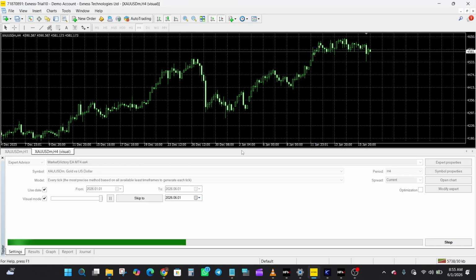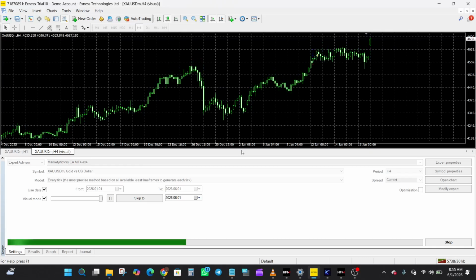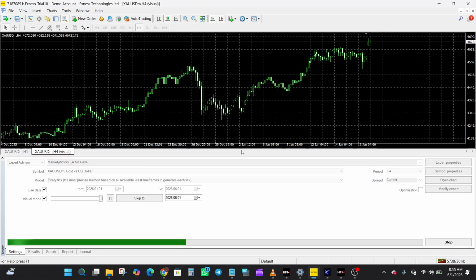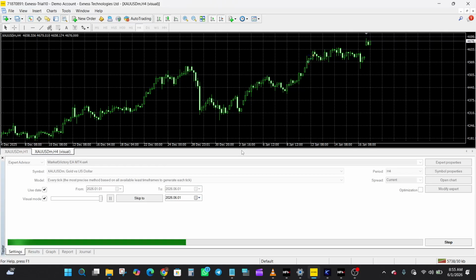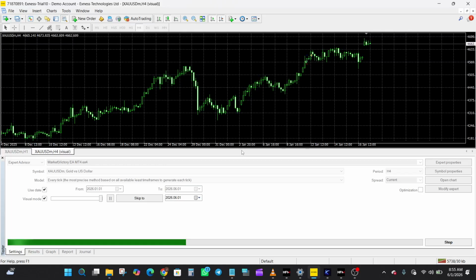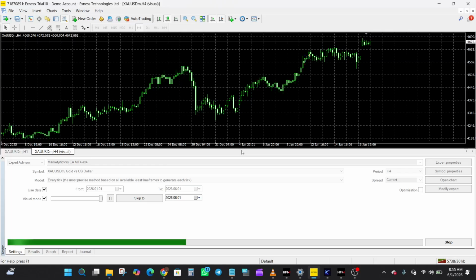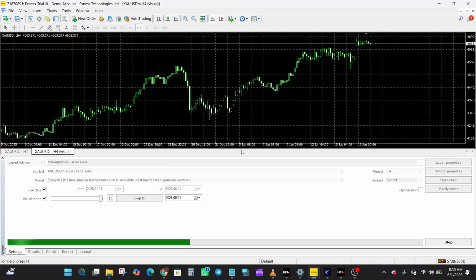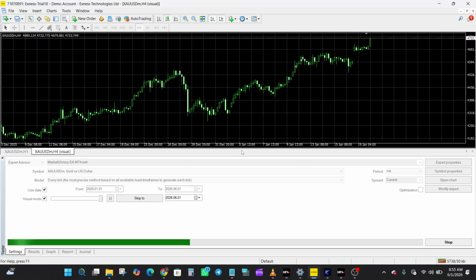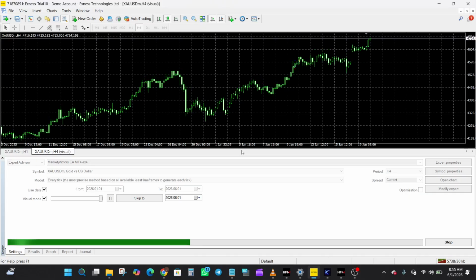As with any automated trading system, I would encourage traders to perform their own testing and optimization before considering live deployment. And I'm going to mention this again. Remember that results can vary significantly depending on risk settings, lot size, broker execution, spreads, slippage, market conditions, and any optimization performed by the user.